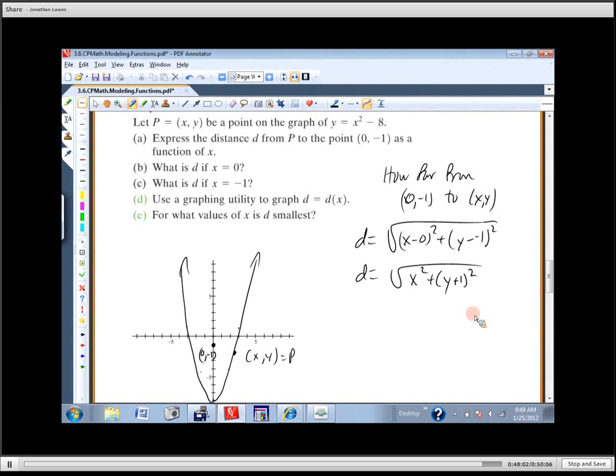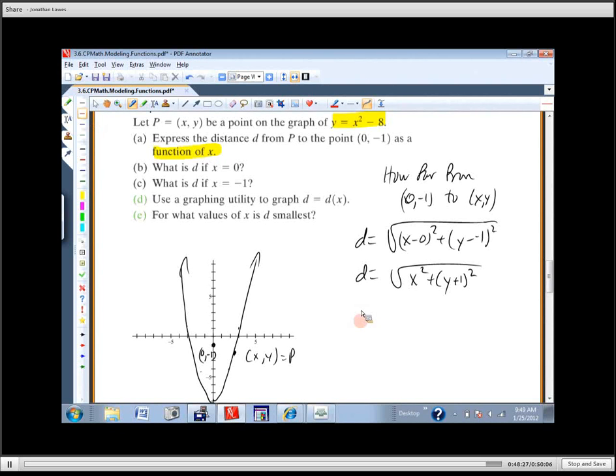Okay. Somebody tell me what's wrong with this. Two variables. We normally don't like this, do we? So what do we do with it? What does y equal in this problem? X squared minus 8. So wherever there's a y, I can put an x squared minus 8, and that will give me a function of x.